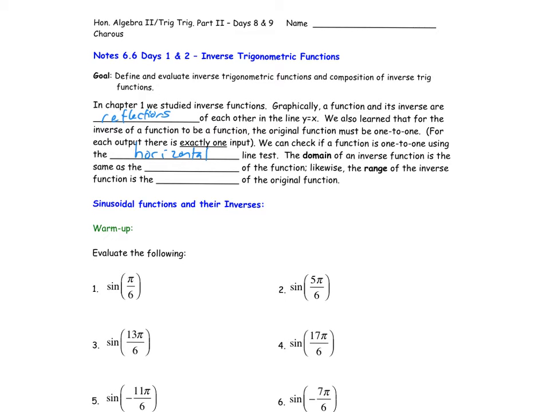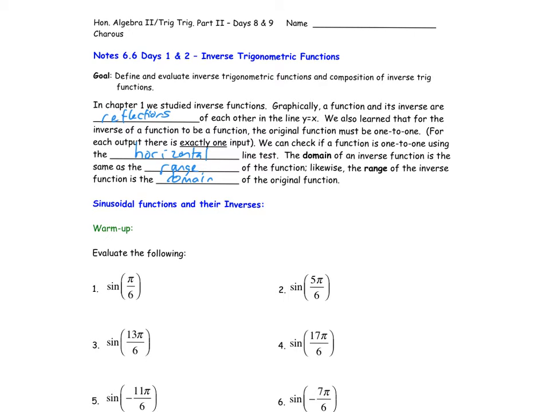Remember, we used the vertical line test to see if a graph is a function, and the horizontal line test to show if the inverse of a function will be a function. The domain of an inverse function is the same as the range of the original function. Likewise, the range of the inverse function is the domain of the original function.